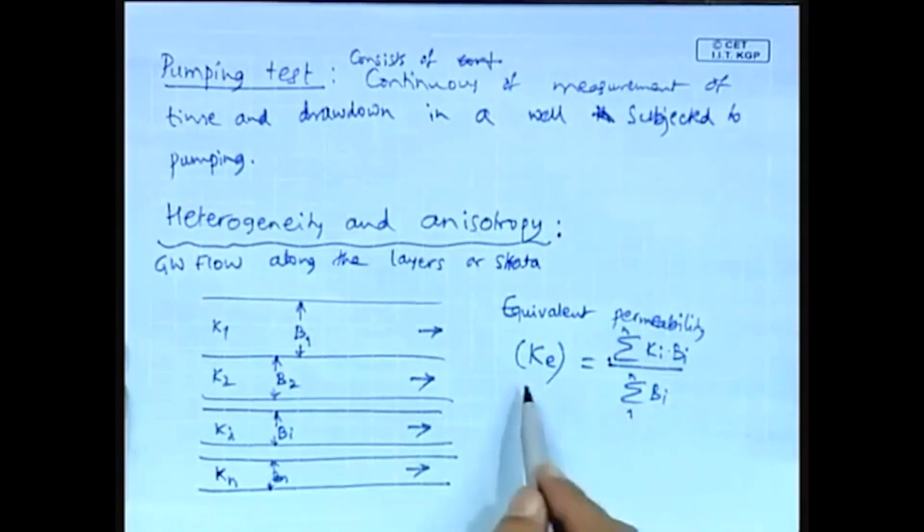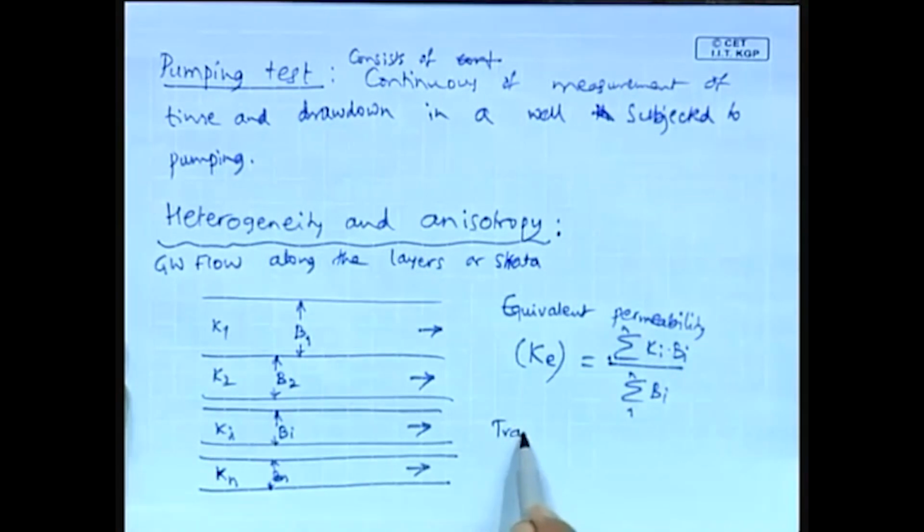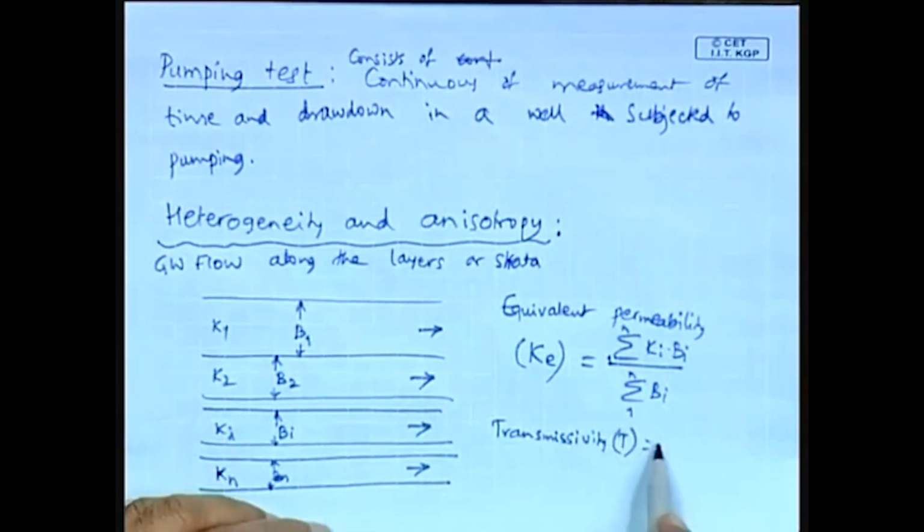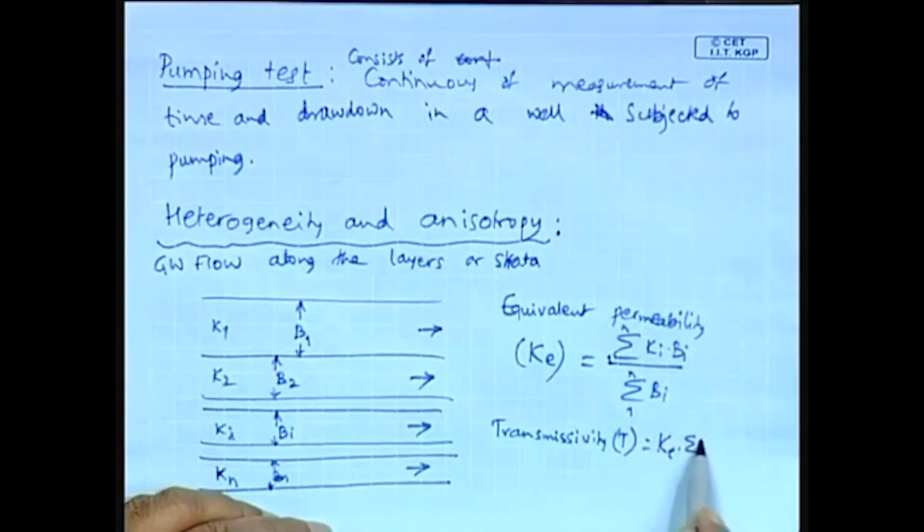And this is the expression for the equivalent permeability, and the expression for transmissibility or transmissivity is simply given by Ke into summation Bi, 1 to n, which is simply summation 1 to n of Ki into Bi.